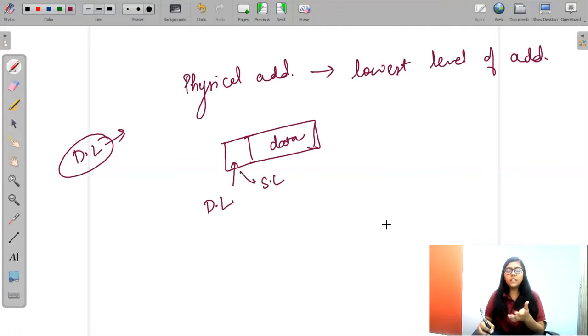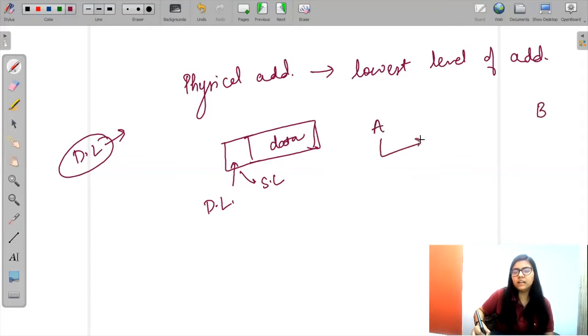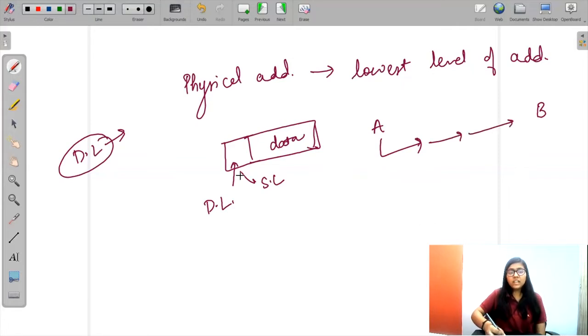Till the data link layer, the data is transferred through different links, right? Let's say if the data is being sent from A to B, then it may pass through different links, right? So by physical addressing we mean it contains the addresses of the different links which it will pass through in its journey from A to B.